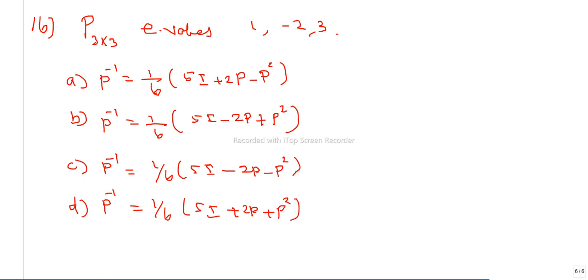Which one is correct? Since the characteristic polynomial is (x minus 1) into (x plus 2) into (x minus 3), this is the characteristic polynomial q of x. So if you multiply, we have (x square plus 2x minus x minus 2) into (x minus 3).